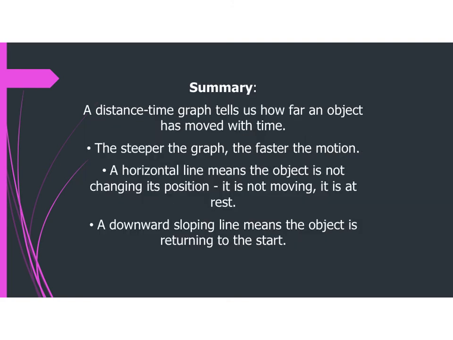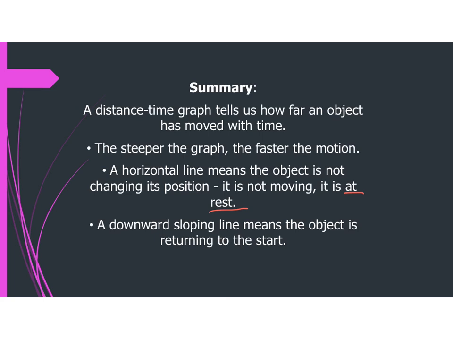So in summary, a distance time graph tells you how far an object has moved with time. The steeper the graph, the faster the motion. A horizontal line means the object is not changing position, or is at rest. A downward sloping line means the object is returning to start.